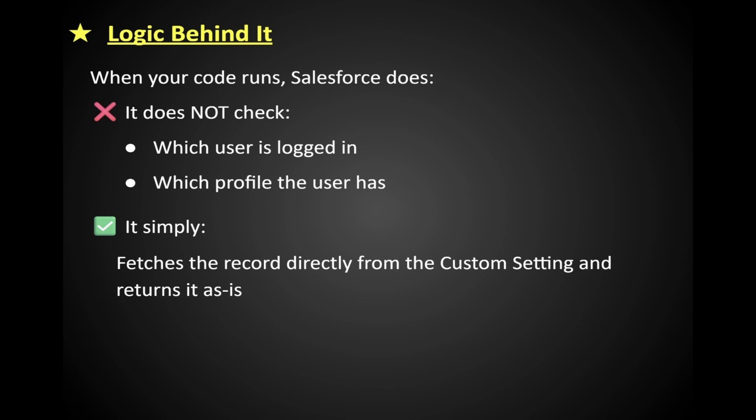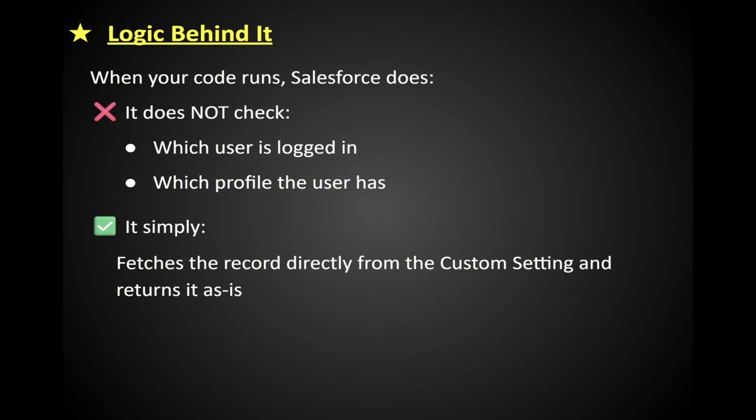Let's assume you are using a list custom setting in a flow or in Apex classes, and your class is running some logic, and different users are using that functionality. Whenever you fetch the records, the same records will be fetched for all the users. It does not differentiate between users with different profiles.